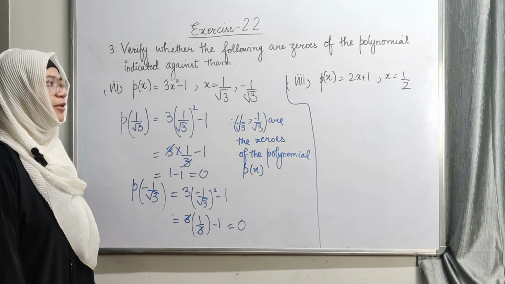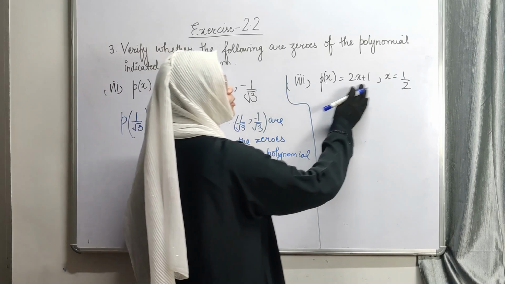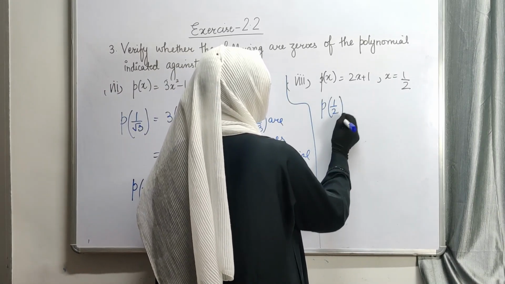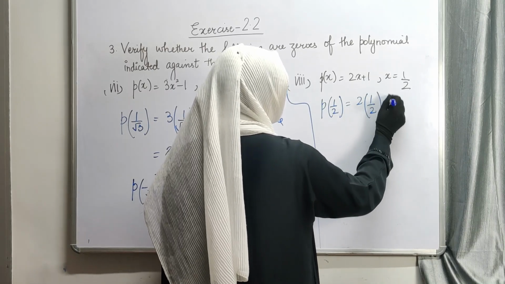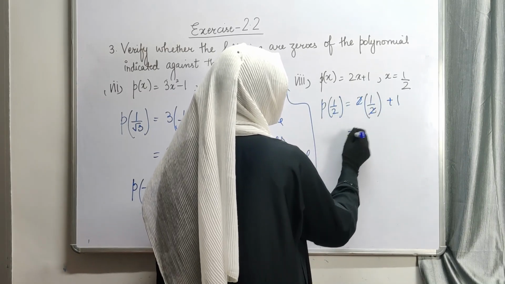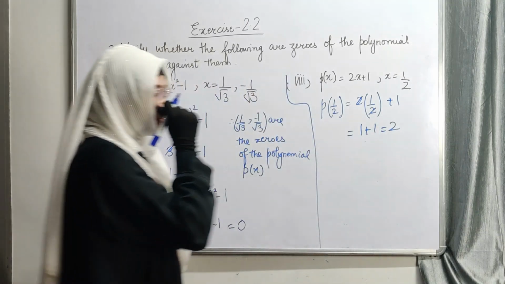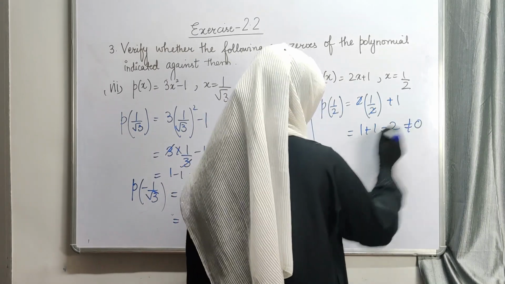Let's move on to the eighth part and the last part of this question. p(x) is equal to 2x plus 1 at 1 by 2. Quickly find out p(1 by 2) equals 2 times 1 by 2 plus 1. 2 cancels and 1 plus 1 becomes 2, and 2 is not equal to 0.